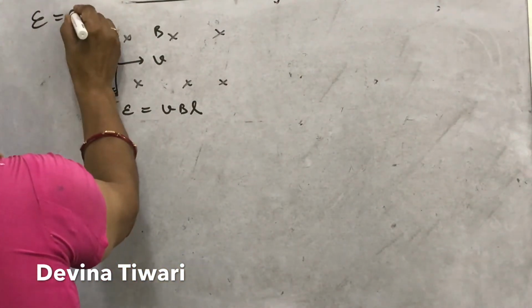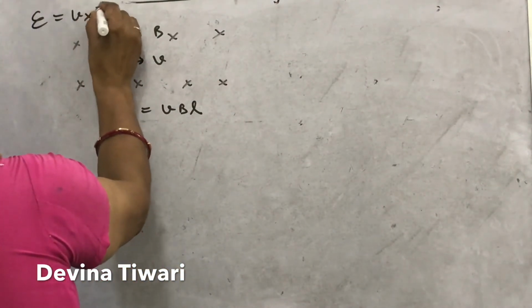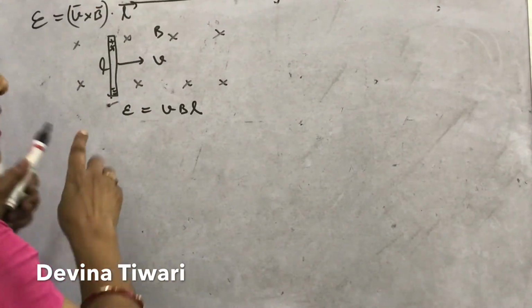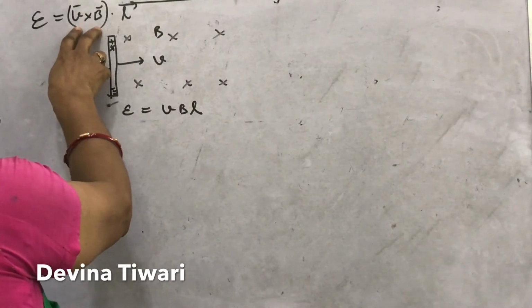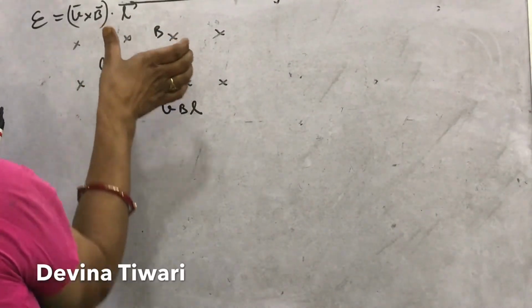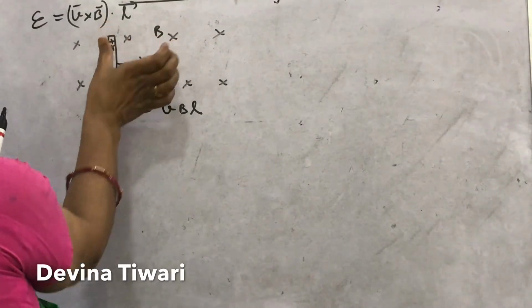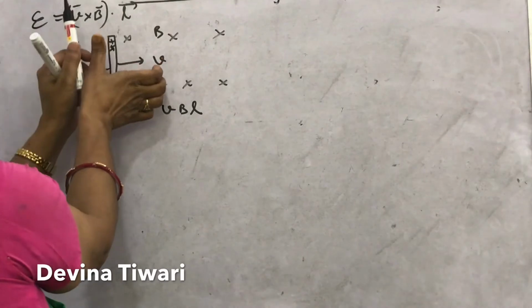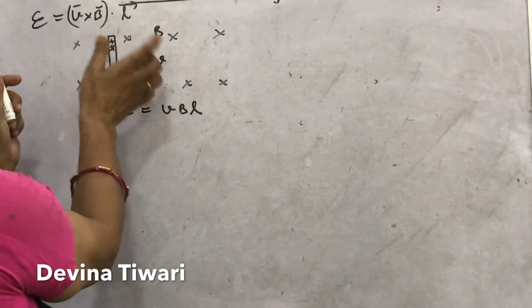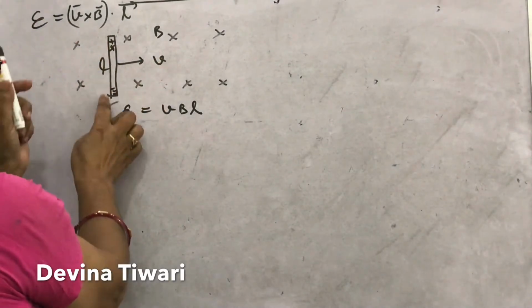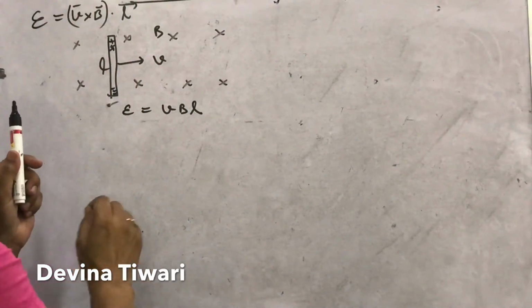Motional EMF, as you have just seen, is V cross B dot L. Look here, the V cross B vector: this V, this B, so V cross B is in this direction, from V to B, and the thumb denotes the cross product of V and B. The thumb and length are parallel.